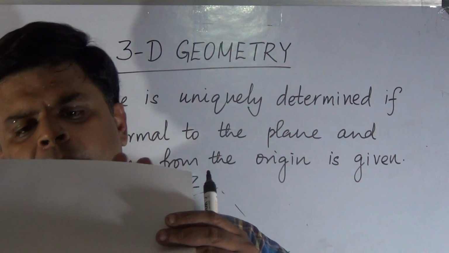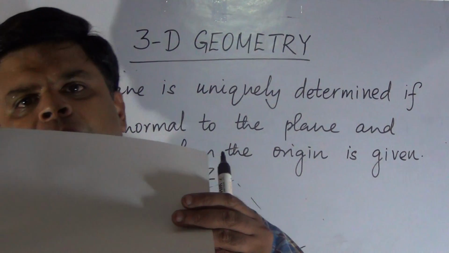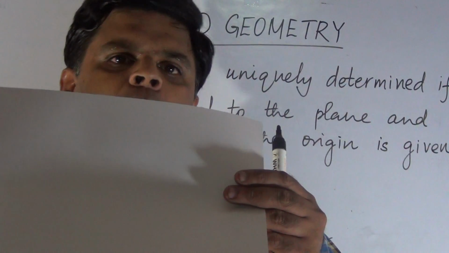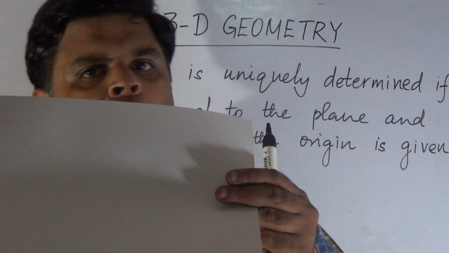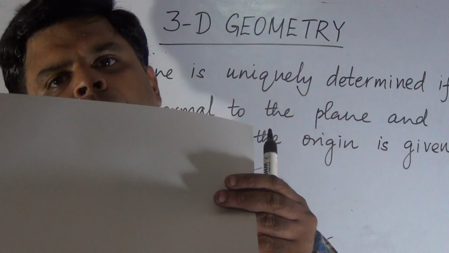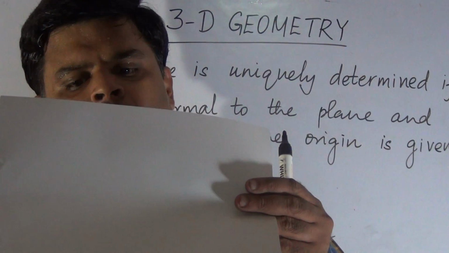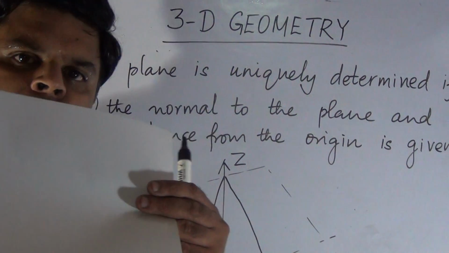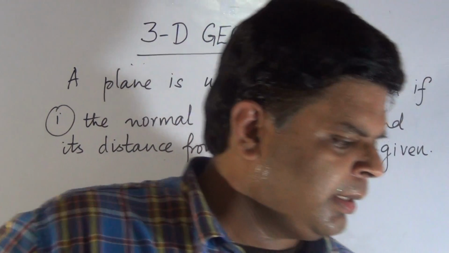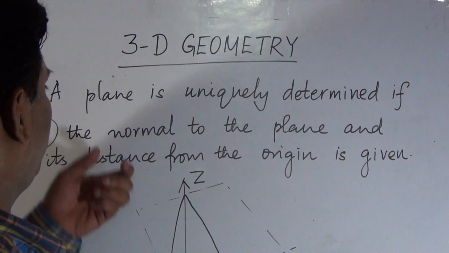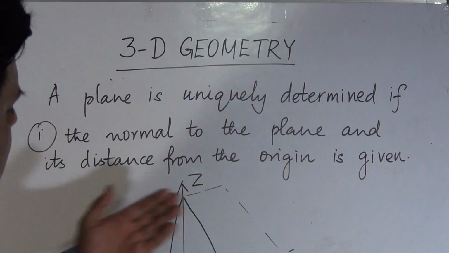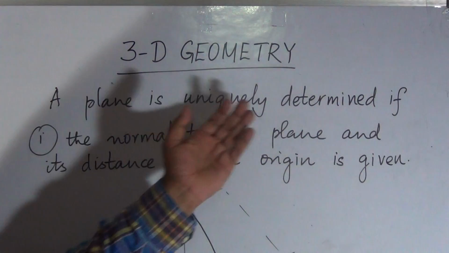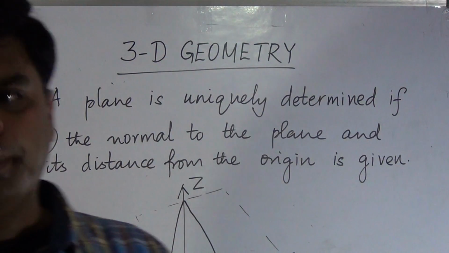What is the distance of this plane from the origin? So along the normal from the origin, how far is this plane? That is what I want to know. Once I am given the normal, once I know the normal to the plane and its distance from the origin, I'll be able to find the equation of the plane.